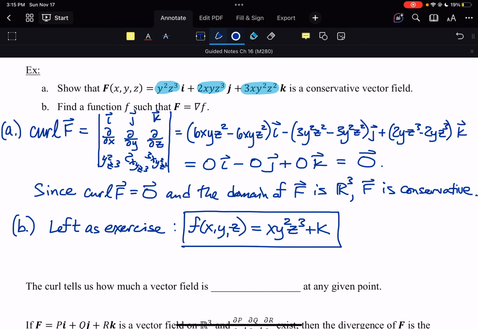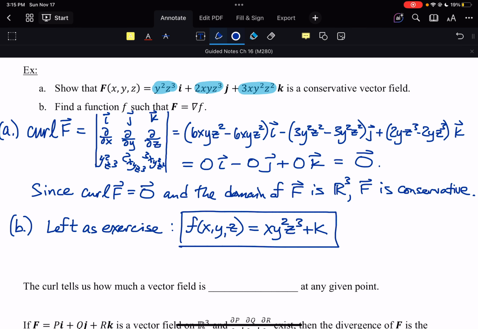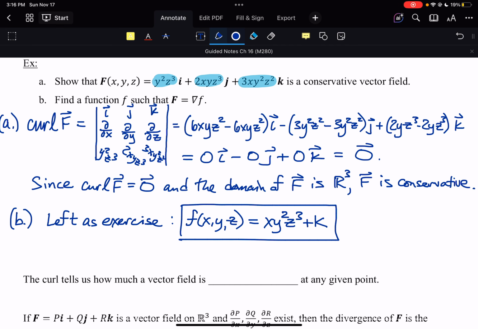So the curl is producing a new vector field for us. We know that if the curl of a vector field is 0, then the vector field must be a gradient field. The curl itself, though, when it's not just becoming 0, if you're thinking about what this vector field tells us, well, it's right there in the name. It's talking about the curl.